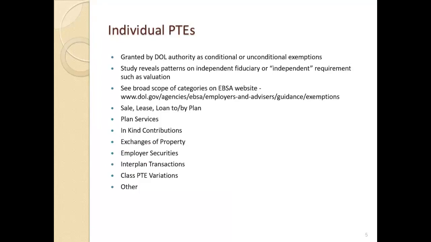But we have many examples involving major institutions, like BlackRock and J.P. Morgan, that sometimes don't quite fit into a statute, or other applicants that don't quite fit into a statutory exemption. So they do a variation, and they craft something around a class exemption, and the department has been able to work with it. But it's always the independent fiduciary that has made the difference.